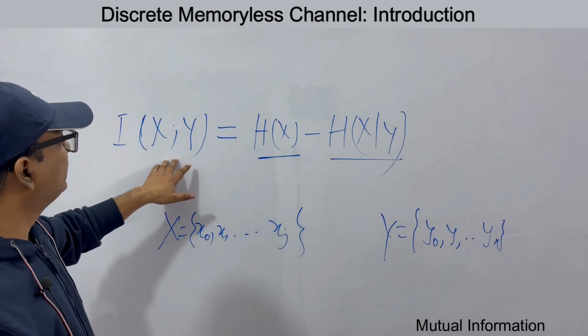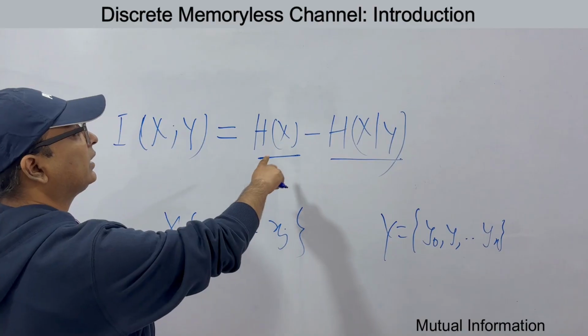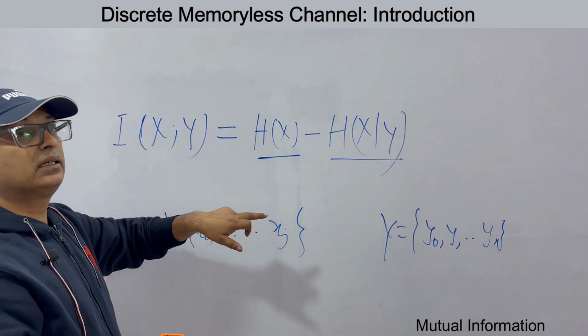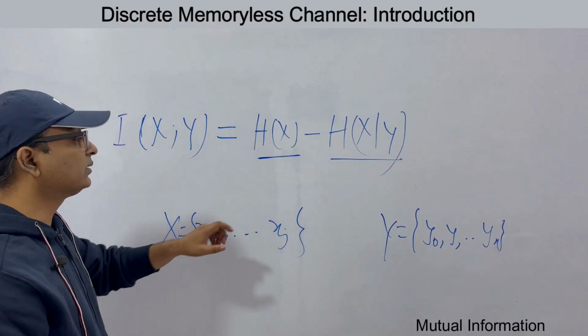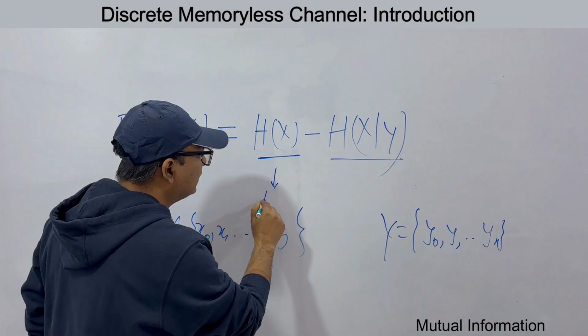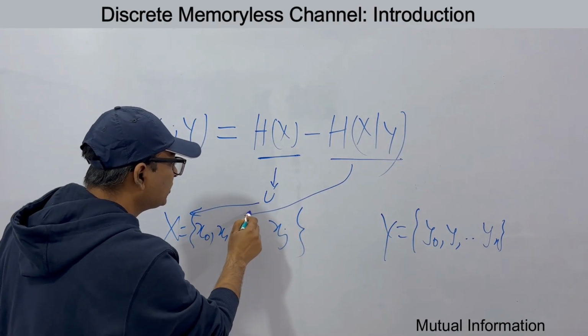So what is the meaning of mutual information? This is a measure of the uncertainty of the channel input after resolving the channel output. This is uncertainty with respect to this, and this is uncertainty with respect to that.